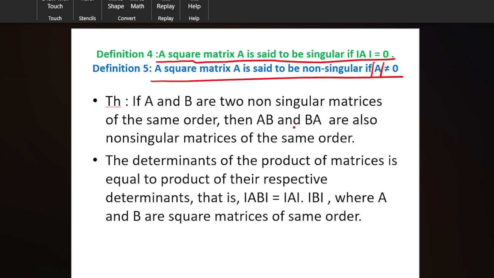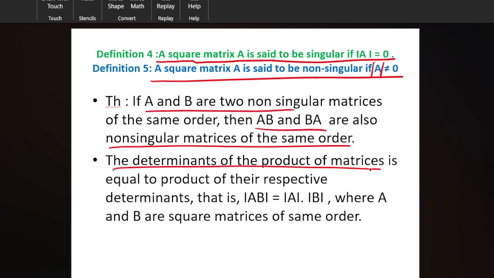Then AB is also a non-singular matrix of the same order. If A and B are non-singular, their product is also non-singular. The determinant of a product of matrices is equal to the product of their respective determinants, meaning the determinant of AB equals the determinant of A into the determinant of B.